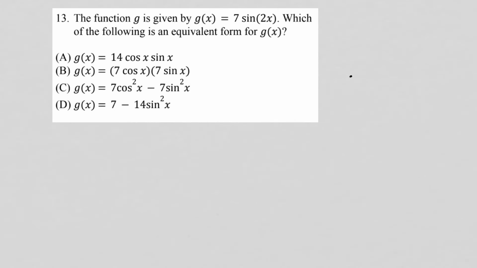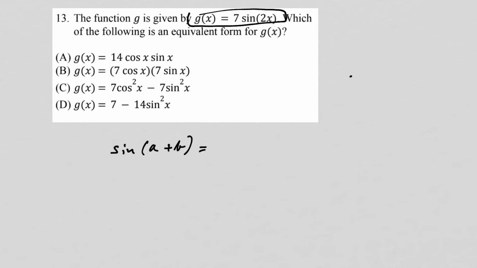Number 13. This is the first time I've ever looked at these questions, so that's why I have to read through. Here's a function. It's a sine function, and they want to know what's equivalent to it. There are some formulas that it would be nice if they gave them to you, but they don't.